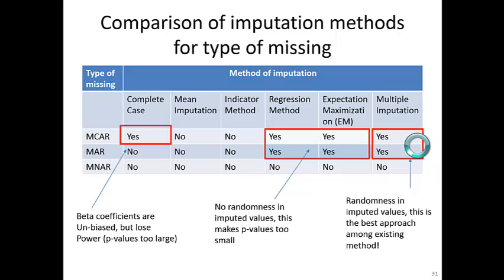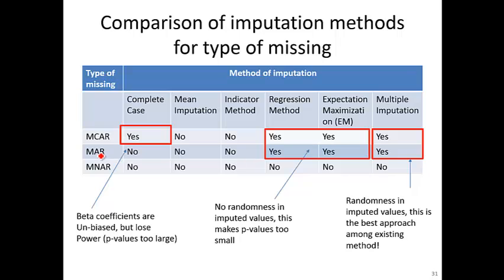Here is a summary comparing imputation methods for each type of missing data. When you have missing completely at random, in complete case analysis you ignore missingness and you lose power, but the beta coefficient is unbiased. But when you use mean imputation or the indicator method, the beta coefficient will be biased.